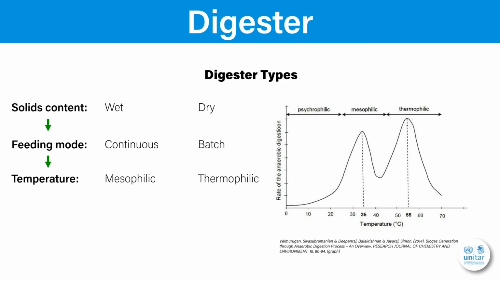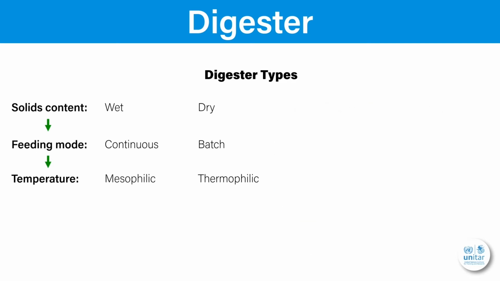And finally, we can differentiate digesters by their number of stages. We have two options. Either the digestion system is operated in a single-stage mode, where only one digestion tank is installed, or we have multiple stages. This means several digesters, mostly two, are installed in series.